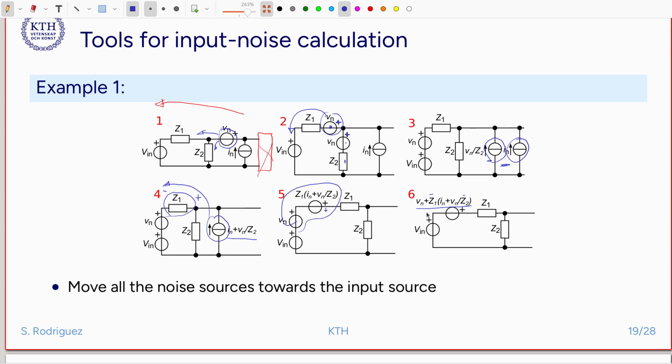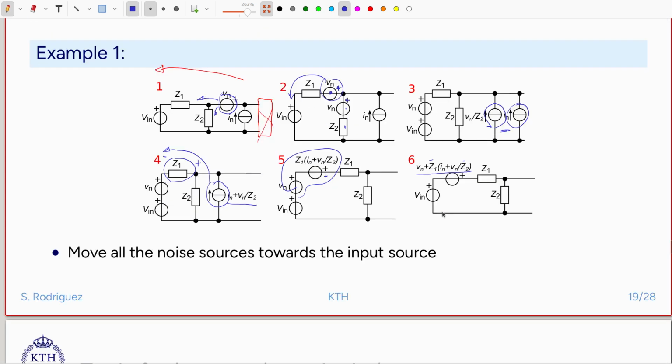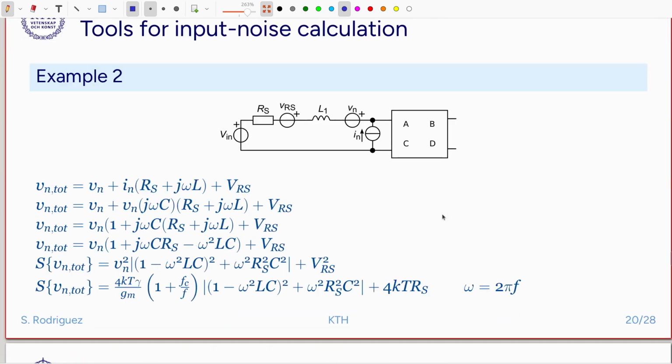It is very important to keep in mind that these complex multiplications are done on correlated noise sources. If we don't take the correlation into consideration, then we will arrive at a wrong result. We will see that in our example.